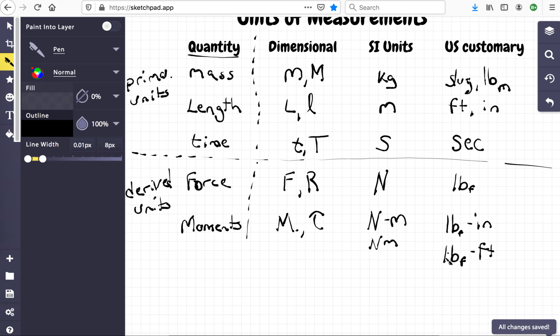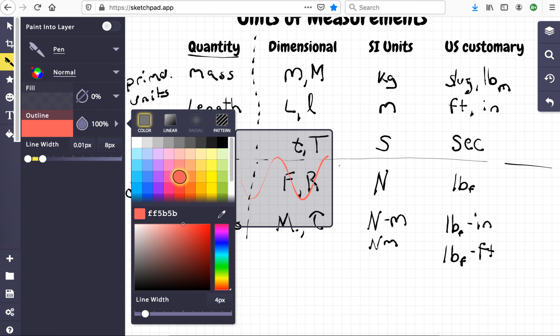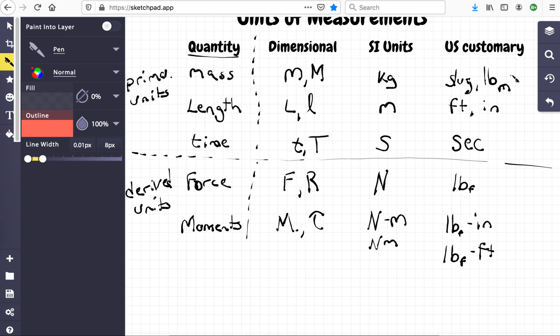So it's a foot pound or pound foot, pound force foot, sometimes you would write. But notice the difference here, and we'll go into this as you step through statics, but you have this pound mass and this pound force.